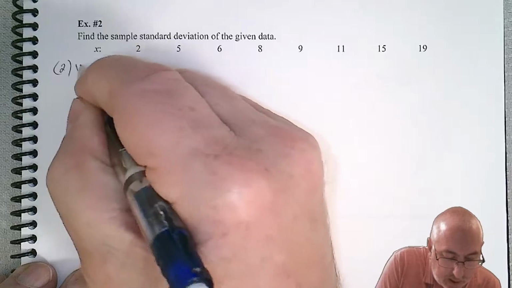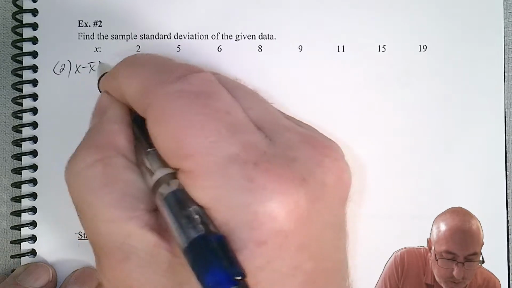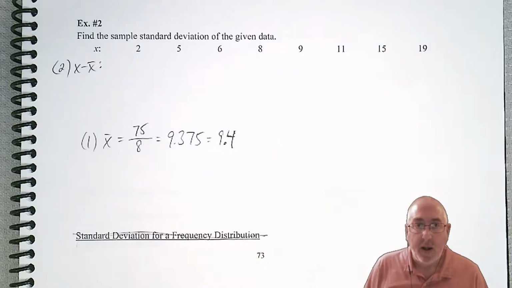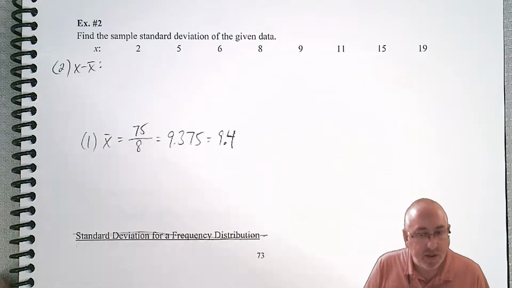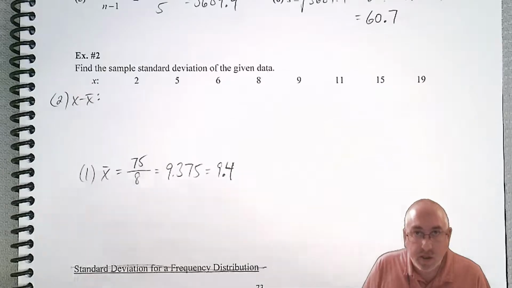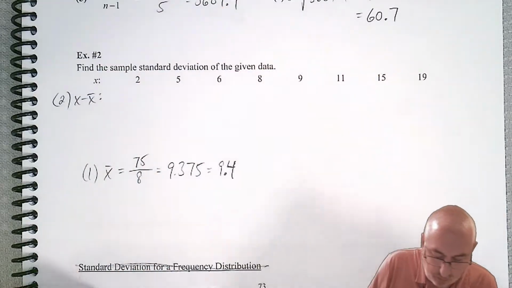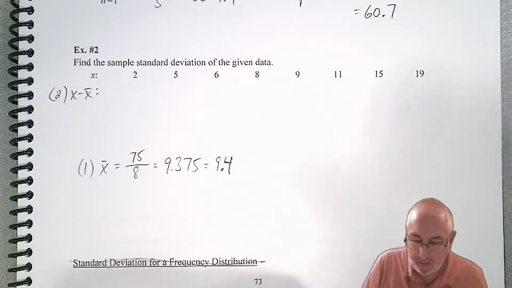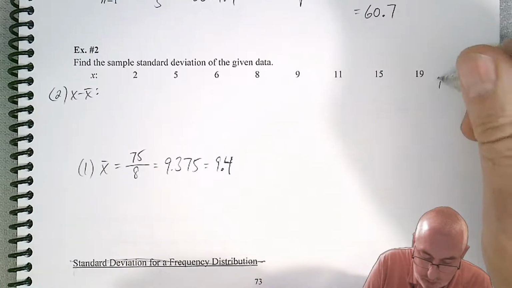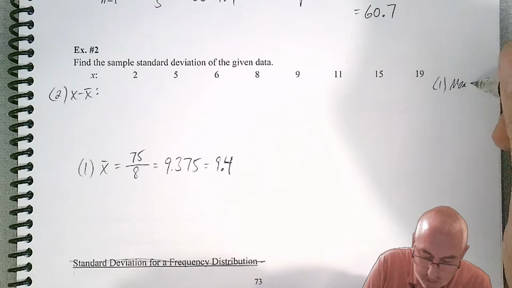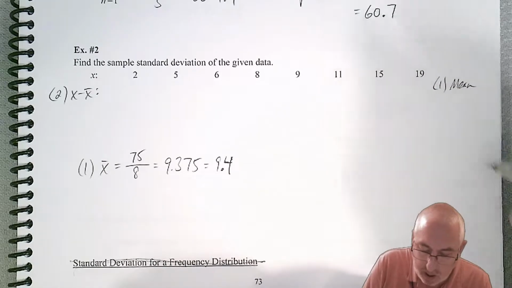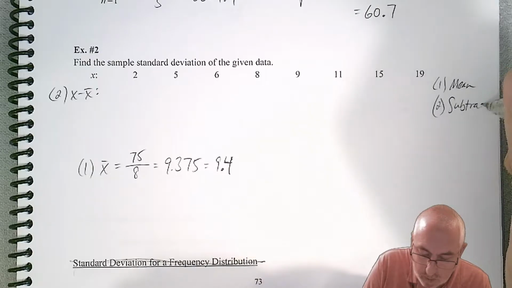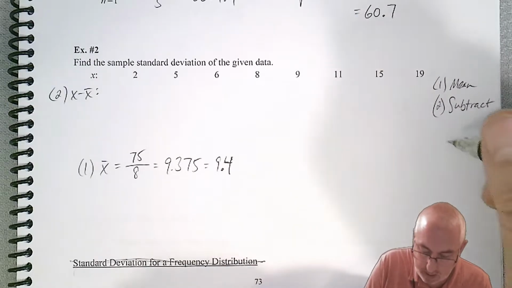If we use that to go to the next step, we have to subtract: x minus x bar. If you're struggling to remember the steps, let me take a quick second to write them out on the side. Step 1 is the mean. Step 2 is to subtract.